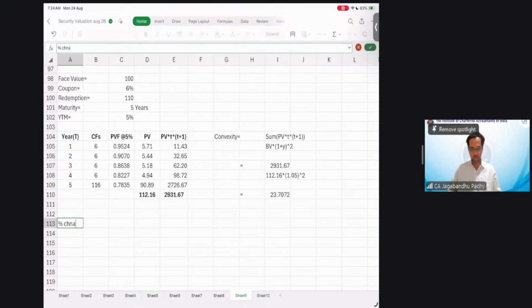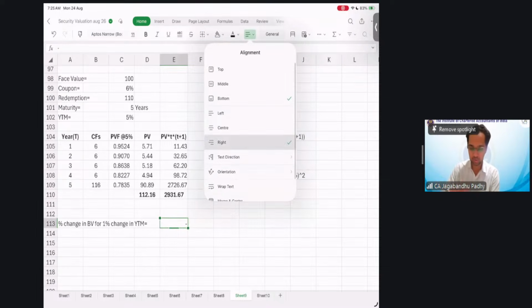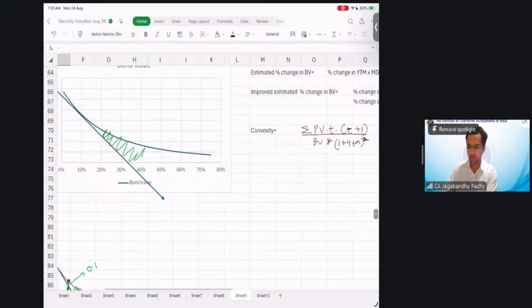So now when we are looking at the percentage change in bond value for a 1% change in YTM, it will be modified duration into 1%. In fact, this is going to be a minus because the percentage change is going to be negative.